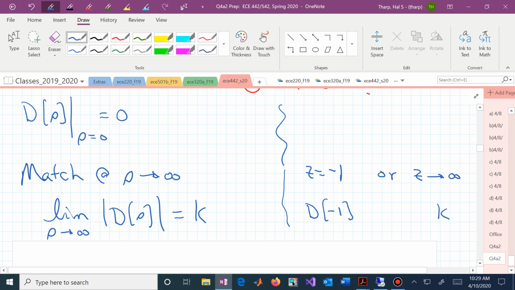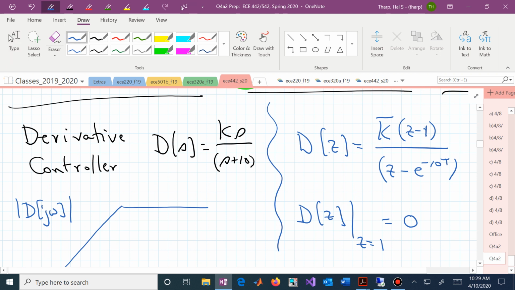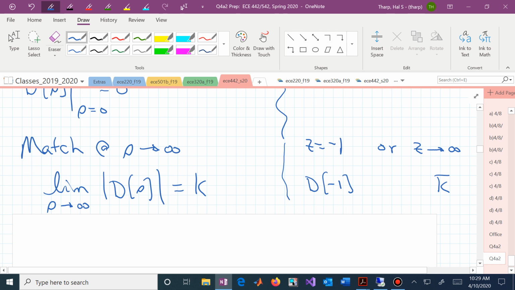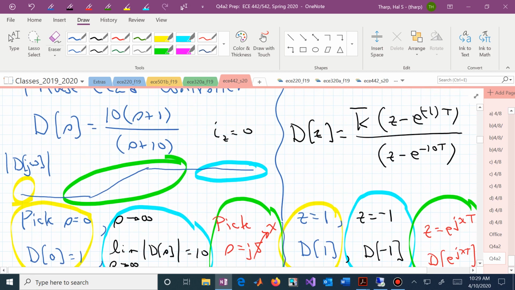And in this case, if you let z go to infinity, you see that you end up with k bar. So now you would be equating k with either the magnitude of d of minus 1 or k bar, depending on where you matched. And that's really up for your decision making.